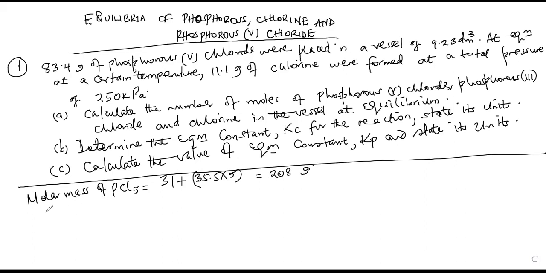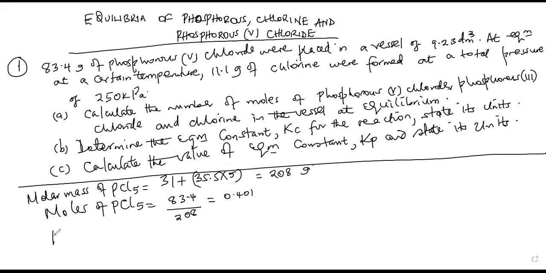It means now here I can get moles of phosphorus 5 chloride. Moles are equal to the mass, which was given as 83.4, divided by the molar mass, which is 208. And this one gives 0.401 moles.